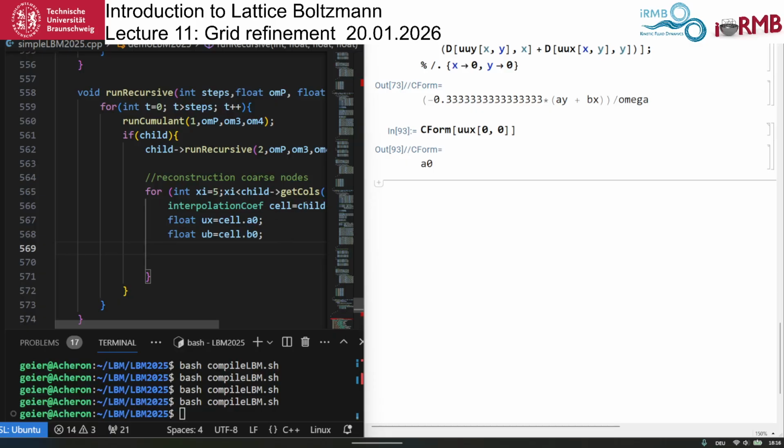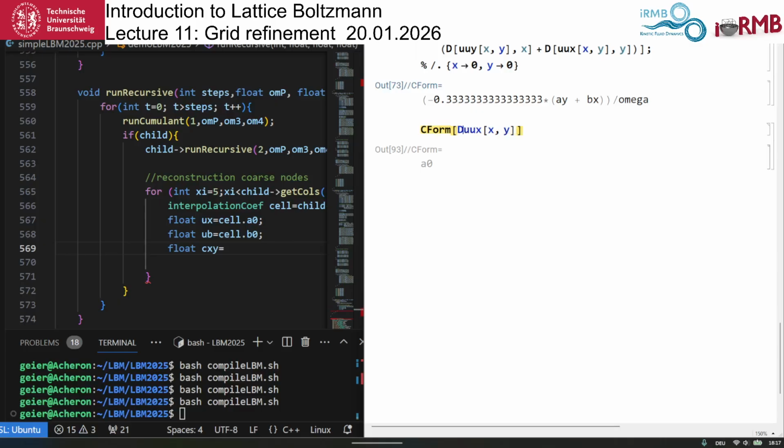The thing is, we need to get these other moments, the Cxy, for example. So how do we get this? That's actually a derivative.